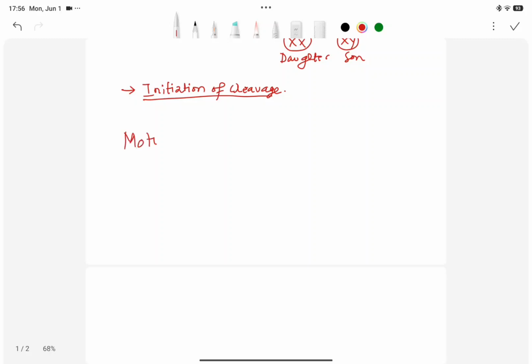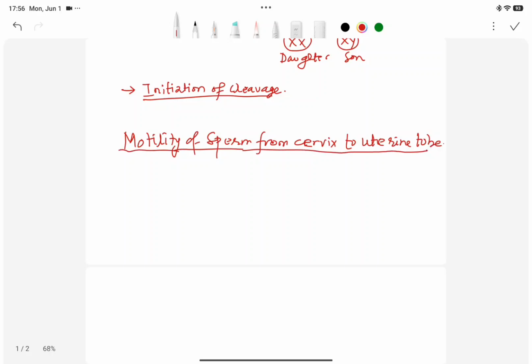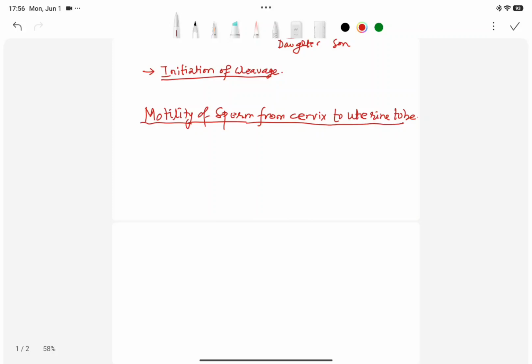to the uterine tube. How does the sperm travel from the cervix to the uterine tube? This is the structure of the female uterus.